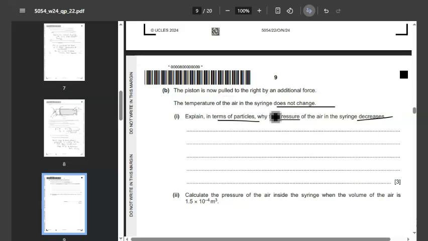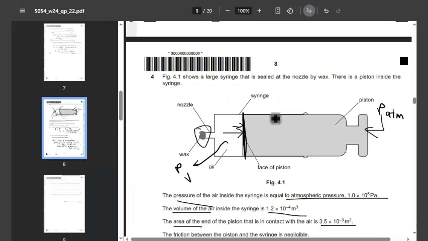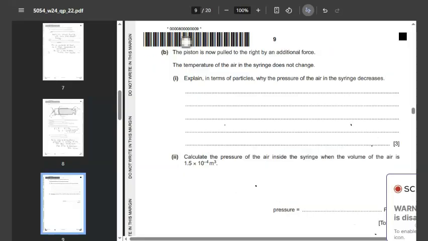So when it is pulled to the right, the volume of the air will increase. The volume of the air will increase, and so the particles are now further apart from each other. And the particles will collide less frequently with the walls of the syringe and with each other. So that's why the air pressure will decrease.